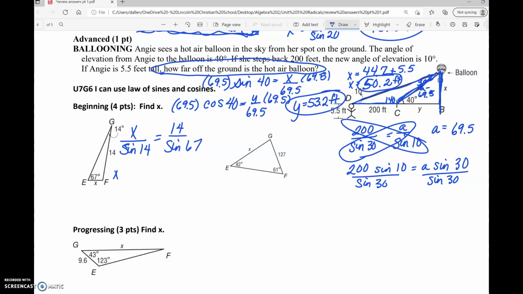Cross multiply: x sine 67 equals 14 sine 14. Too many 14s. Then divide both sides by sine 67. So x should equal 3.7.